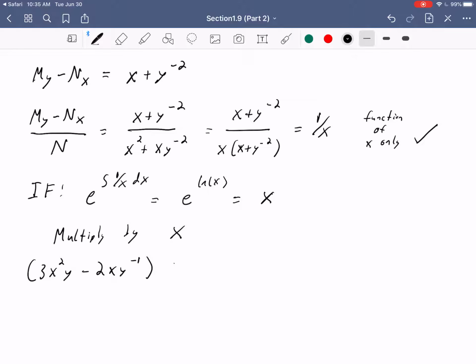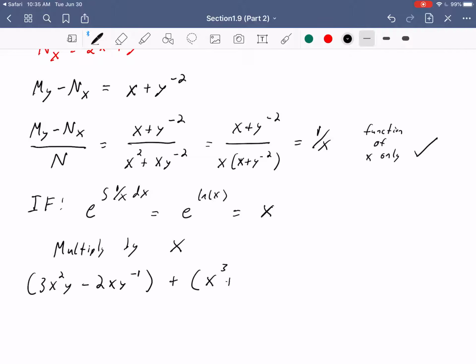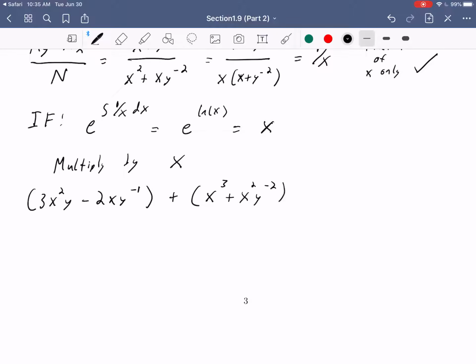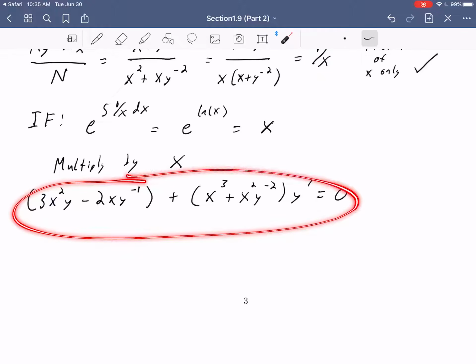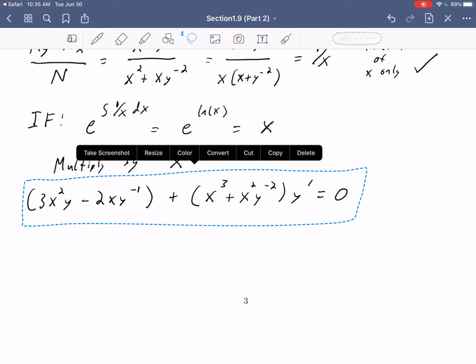And then plus, multiplying this guy by x, x cubed plus x squared y to the minus 2, y prime equals 0. Okay, that's multiplying everything by x. Now, we're going to grab our new differential equation, and we'll finish this up on the next page here.